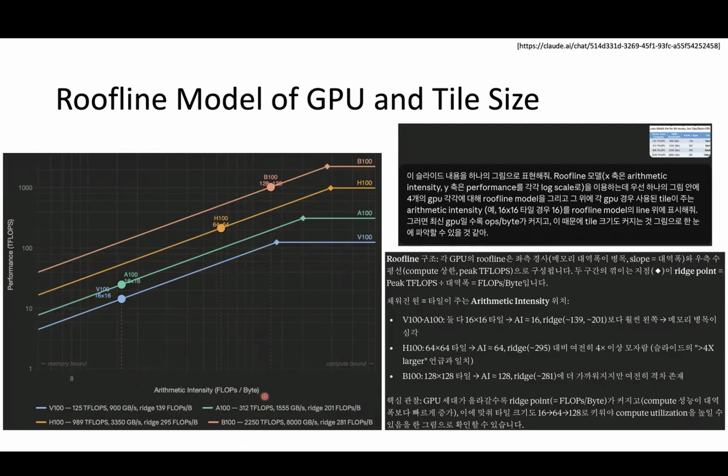If we do not increase arithmetic intensity, we will follow this line. But by increasing arithmetic intensity by using larger tile in matrix multiplication, we could follow this line. So we could obtain higher performance than in the case of fixed size tile usage.